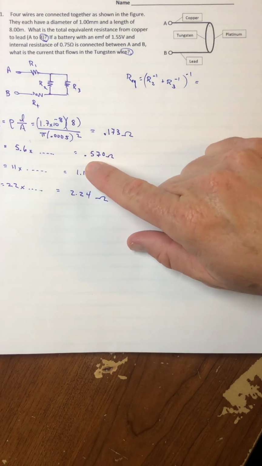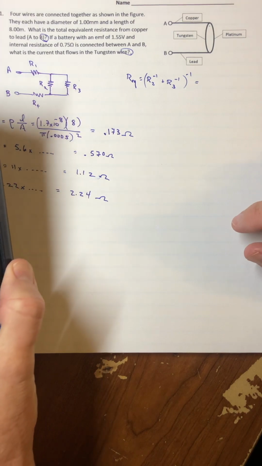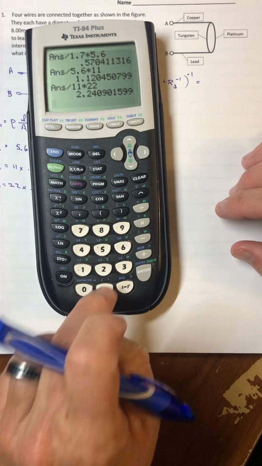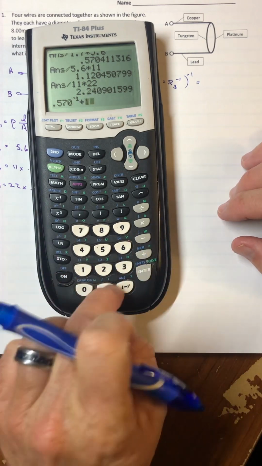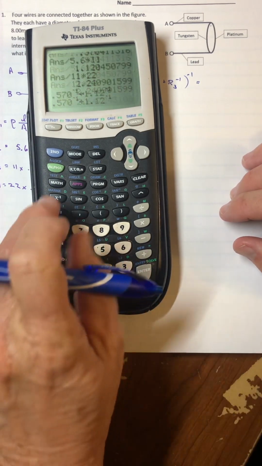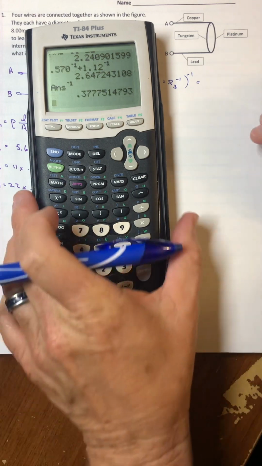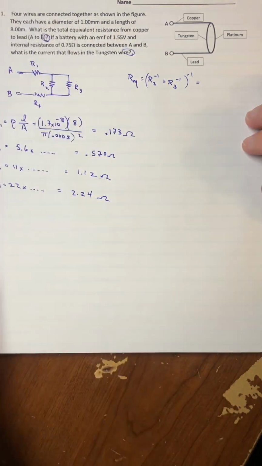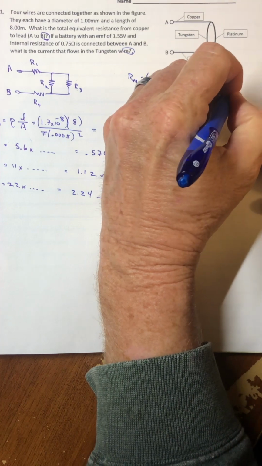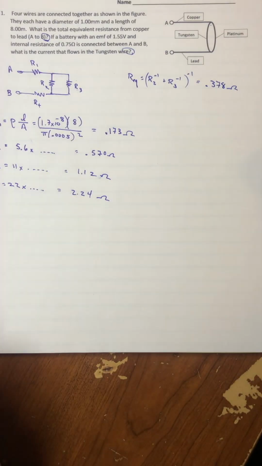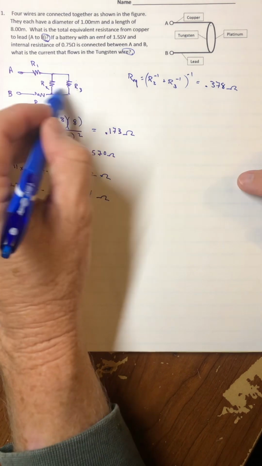So we should be under 0.57 here. So 0.570 reciprocal added to 1.12 reciprocal, hit enter, take reciprocal of that. And it looks like we're about 0.378 ohms for the equivalent of these two.